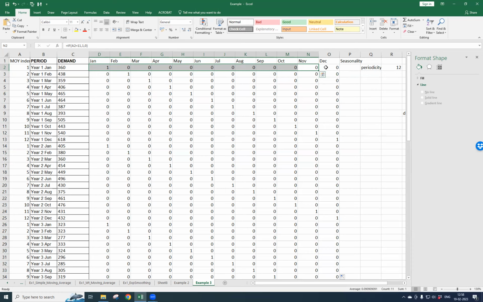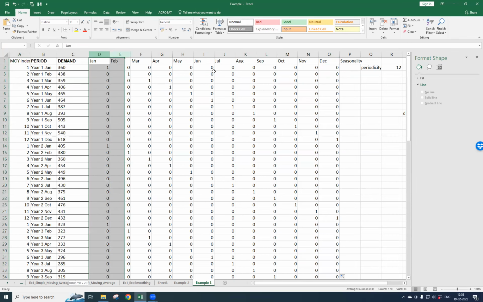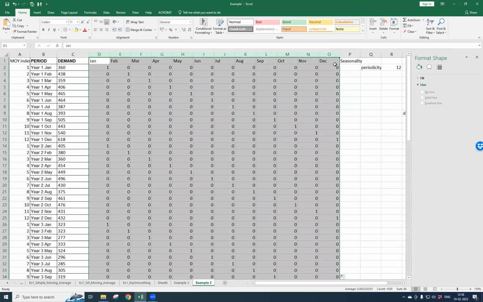So the policy for dummy variables is, if there are 12 categories, here 12 months, we use 11 variables. Similarly, if we have 7 categories, that is each day of the week, we only choose 6 variables. If we have 4 categories corresponding to 4 quarters, we only choose 3 quarters.